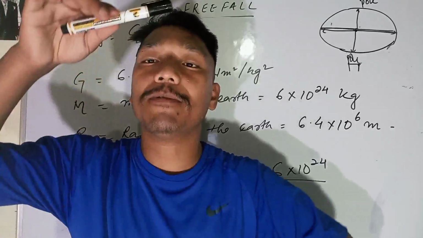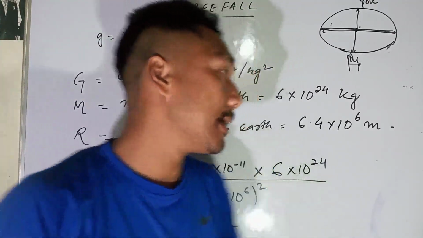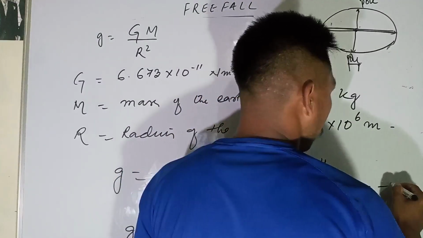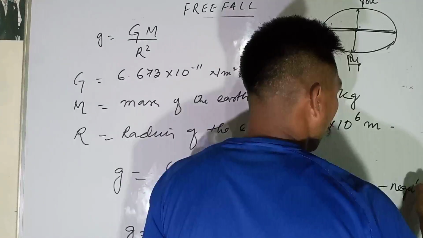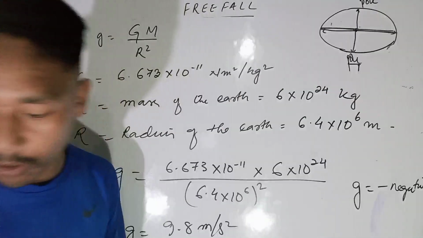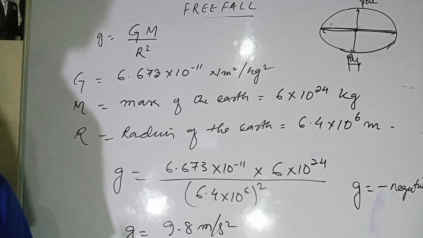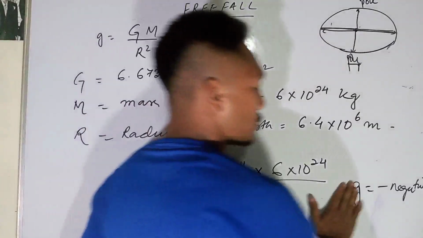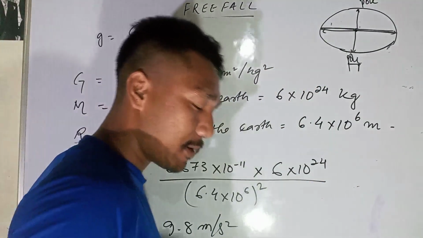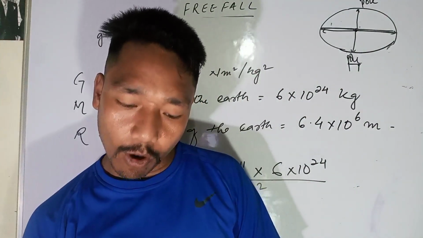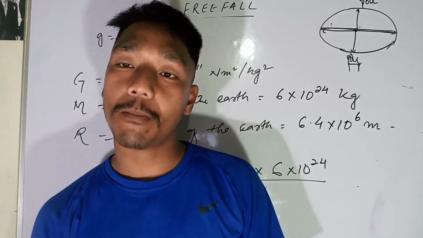Whenever the object falls toward the Earth, the acceleration due to gravity is taken to be positive, and it is taken as negative when opposed to motion.